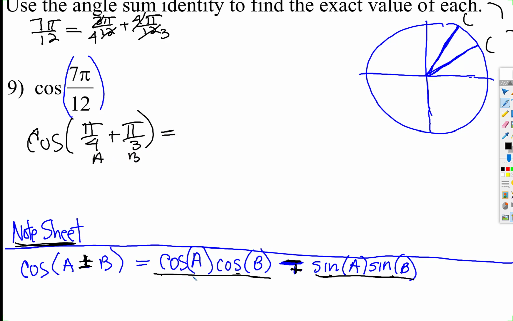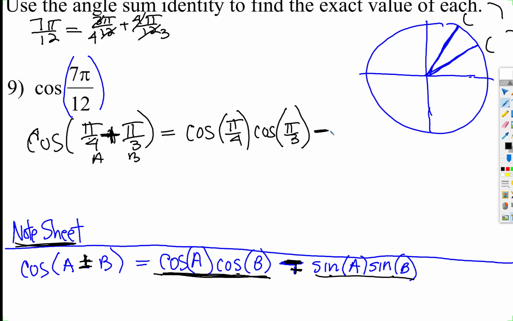And now let's look at the formula. It's cosine of this times cosine of this. So cosine pi fourths times cosine pi thirds. Now because this is a plus sign right here, when we expand it out with the identity, this will now be a subtract sign.